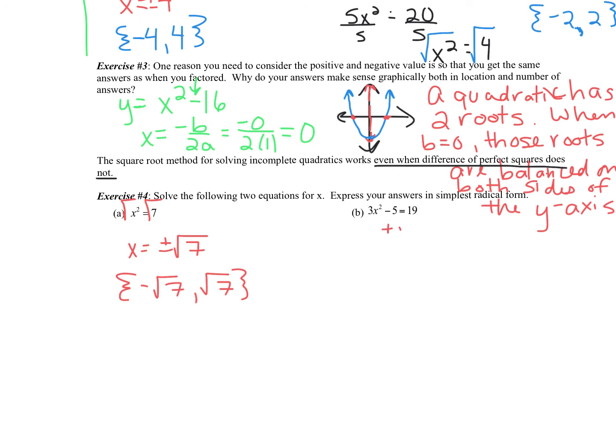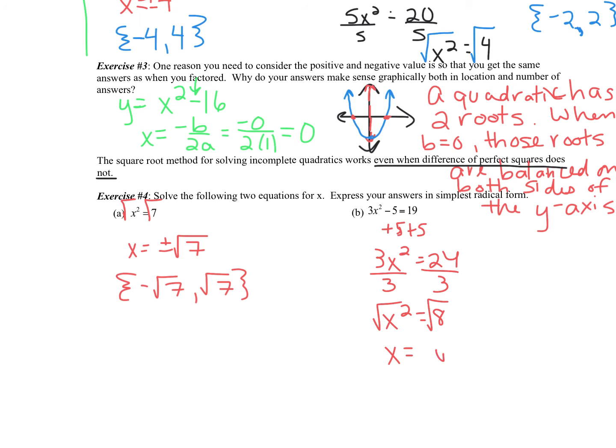From here, this one we have a little more isolating to do. We have 3x squared equals 24. So x squared equals 8. So here is our first time simplifying radicals. This radical 8 contains a perfect square that goes into it. So 8 is 4 times 2. And square roots are actually distributive over multiplication.